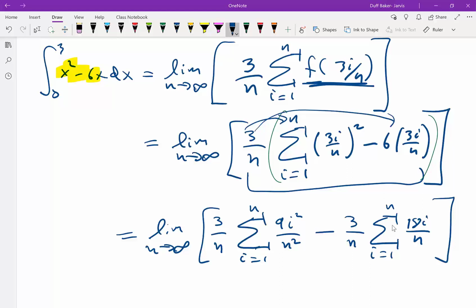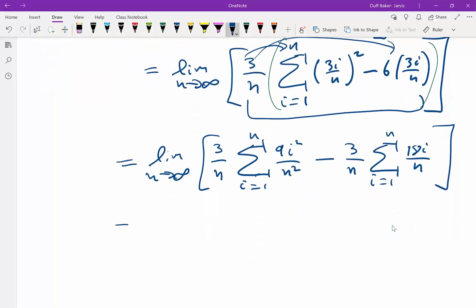And then we can pull all the constants out of the sums. Basically I'm taking this part out. You can pull anything through the summation that doesn't involve i. So I can pull the 9 over n squared part out, and that results in 9 times 3 is 27, and then an n cubed.